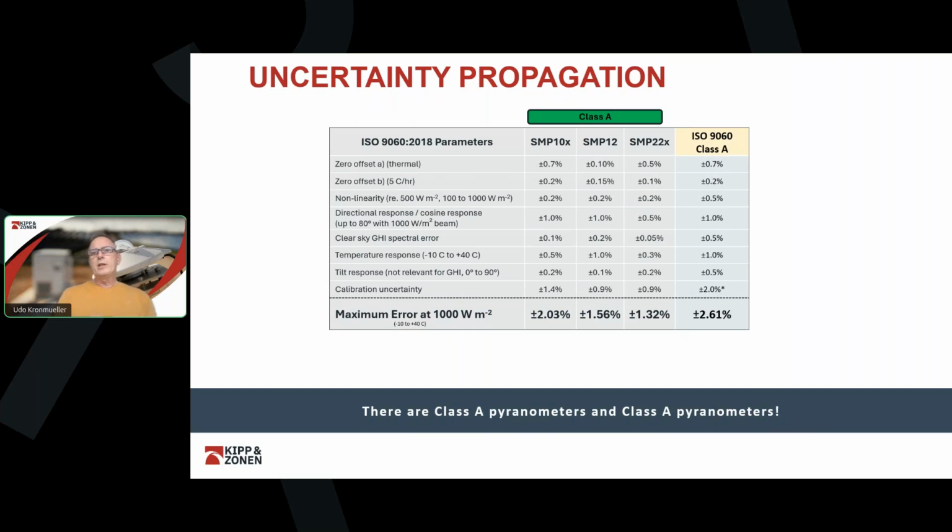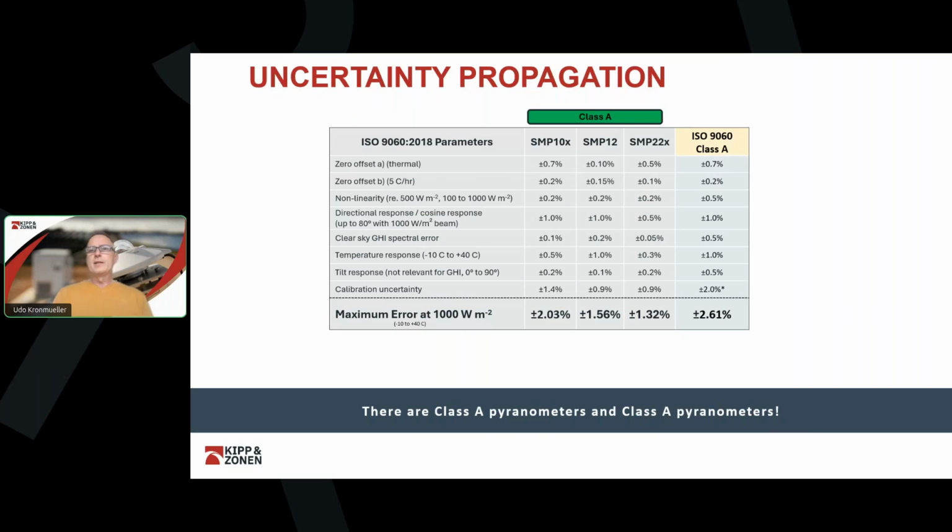When we compare the standard requirements against the pyranometers' performances, you will find out 2 things. First, all Kipp & Zonen pyranometers perform clearly better than what the ISO 9060 requires, but that's obviously not really a surprise.